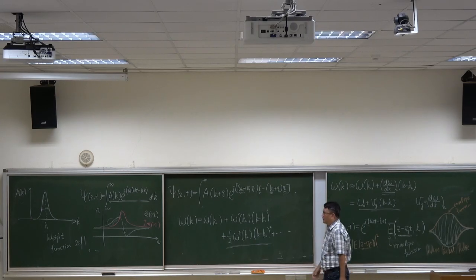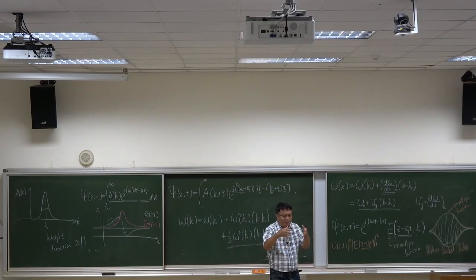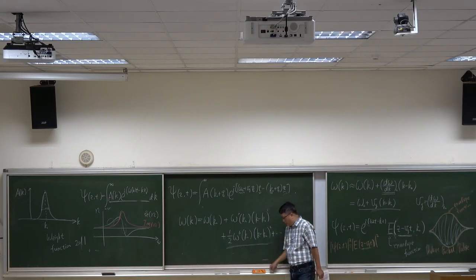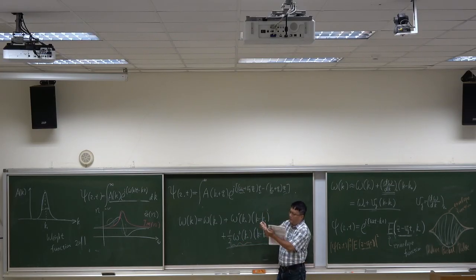Usually it becomes wider and wider. 这个波包通常是越传越宽，越传越宽，会变宽。通常是这样，这个系数通常是正的。If the second derivative coefficient is positive, then the wave packet becomes wider and wider.